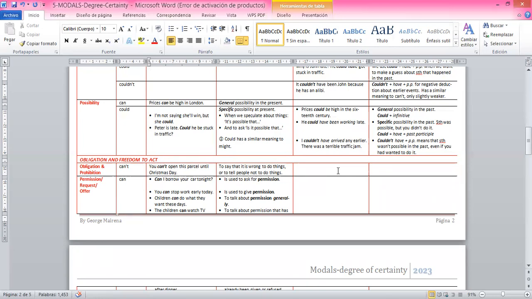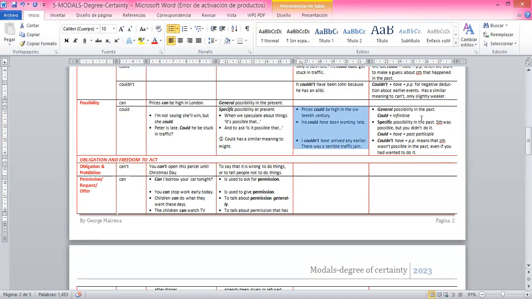Prices can be high in London. That is present, a general possibility. But if you want to say that sentence in the past, you cannot use can. It's could, like the example that we have here. Can you see it?